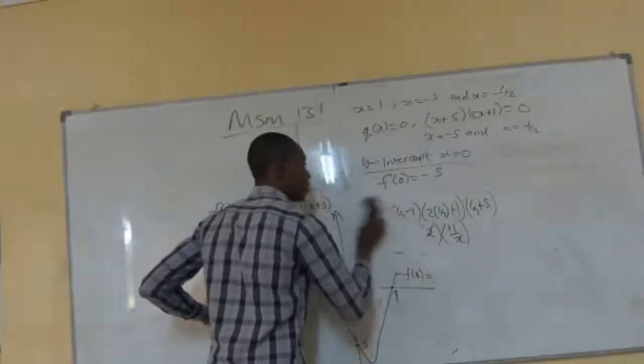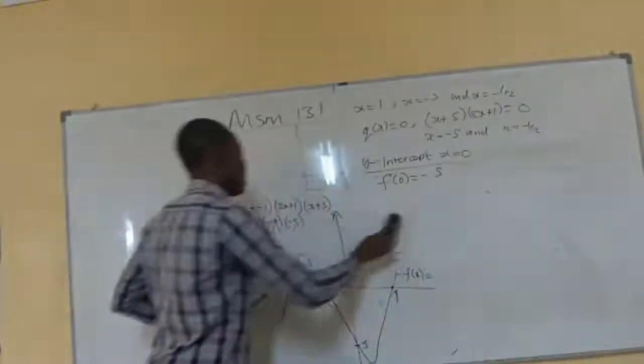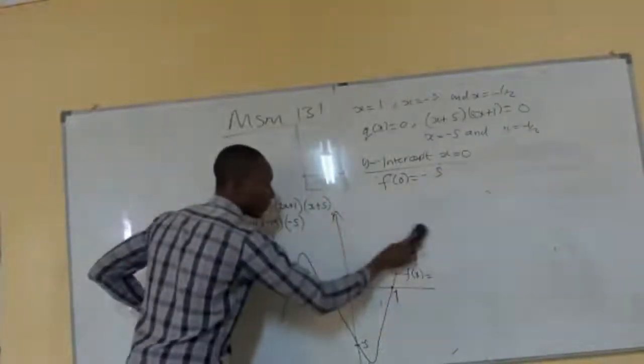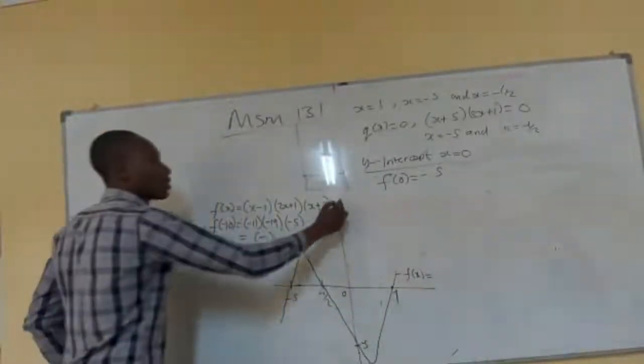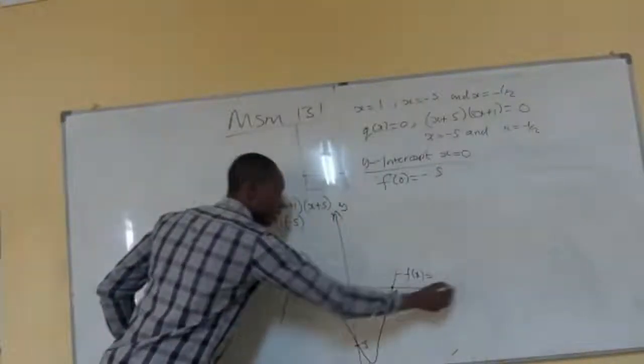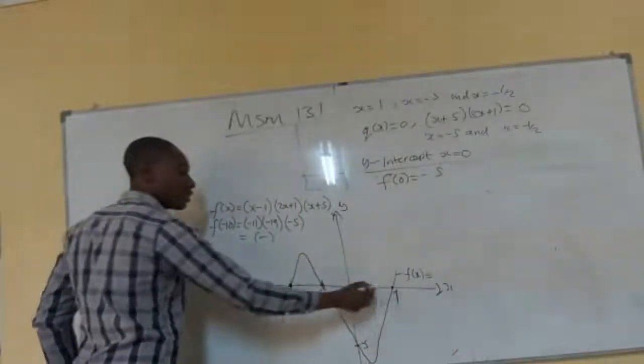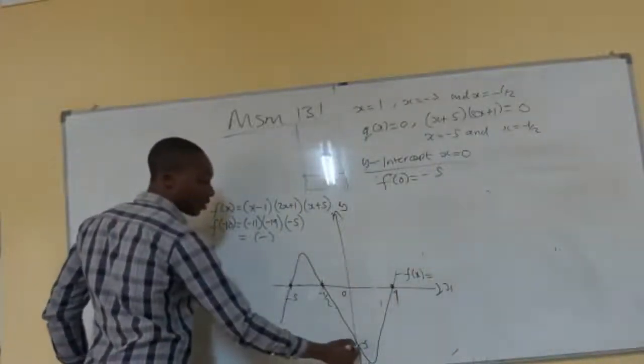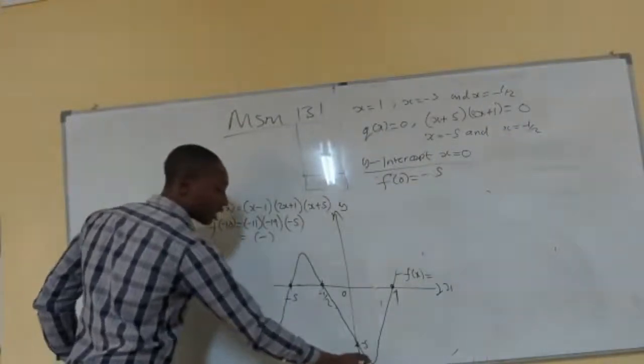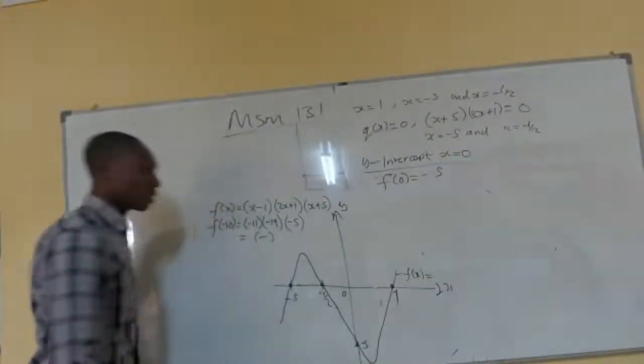Let me delete every derivative. So this is y, this is x, this is 0. These are the intercepts that we found. The y-intercept, and the turning point is right there.